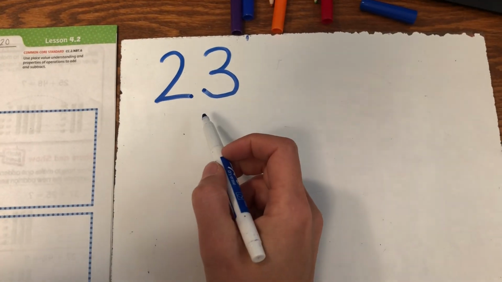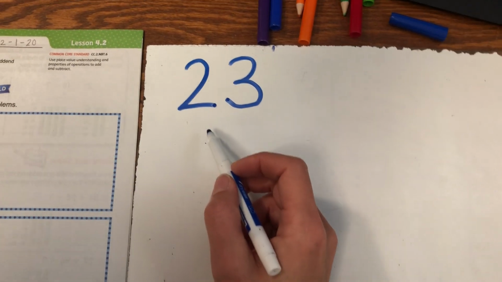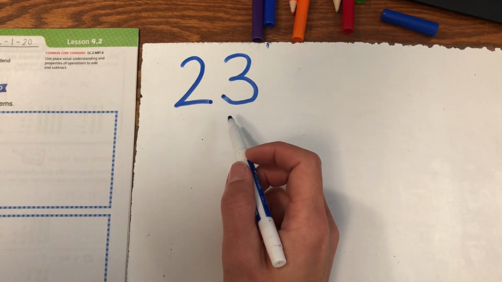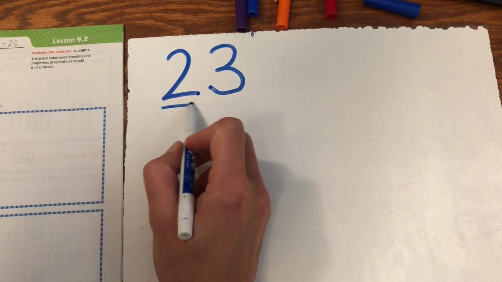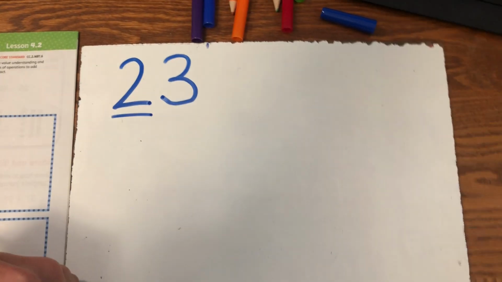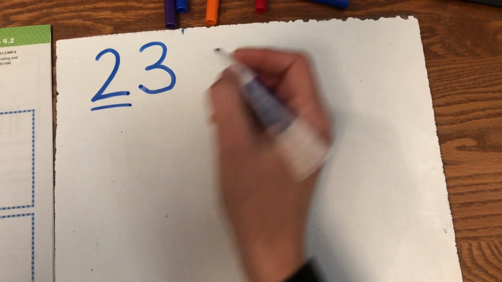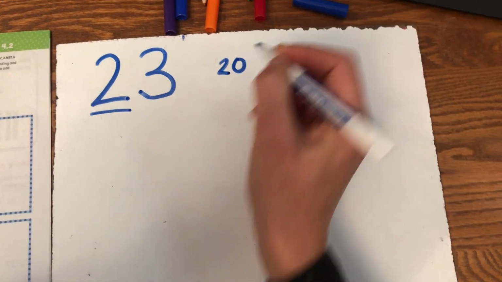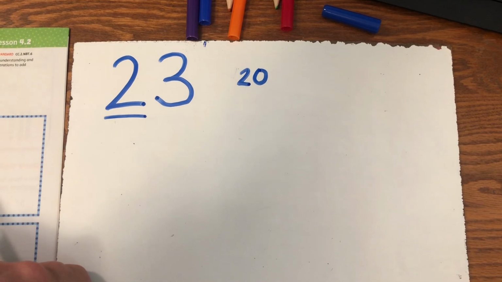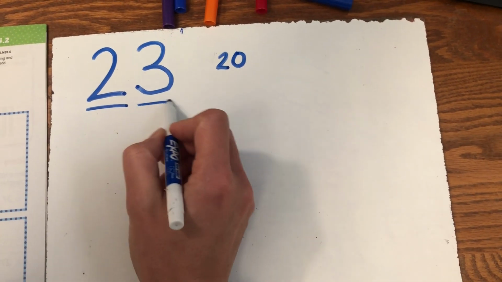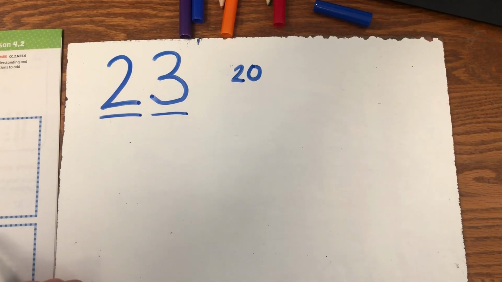Before we start on that, let's just review a little bit. Looking at my number 23, what is the value of the digit 2 in 23? If you said the value is 20, you would be correct. What's the value of the digit 3 in 23?